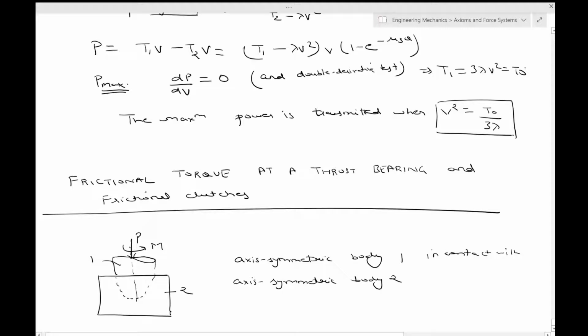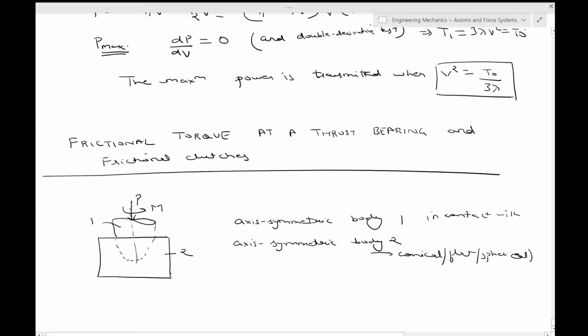By axis symmetric it can be either conical or flat or spherical. The idea is that it should only depend on the radial distance r, not on the angle theta. So these are the two bodies in contact.